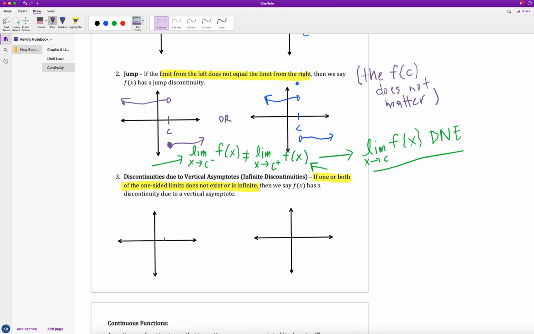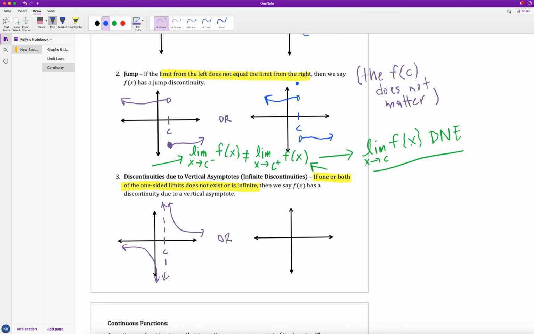So I'm going to draw two examples just for us to see. In this first example, let's say I have a vertical asymptote here, and maybe the left side of the graph is going down, and the right side of the graph is going up towards positive infinity. This is an infinite discontinuity because in this case both sides are infinite, and that limit is then not going to exist since they're going in different directions.